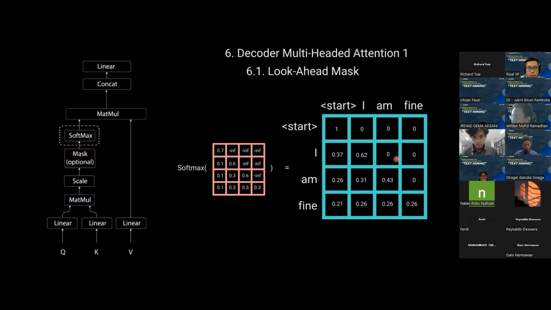Exactly. After applying the look-ahead mask to the scaled scores, we proceed to apply the softmax function to each row, in a manner similar to what we do in the transformer encoder.